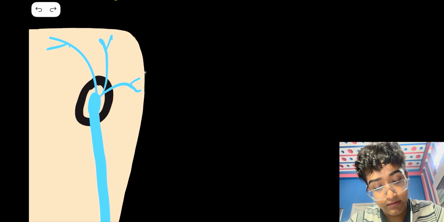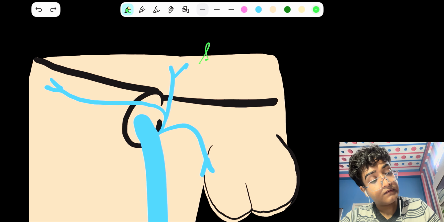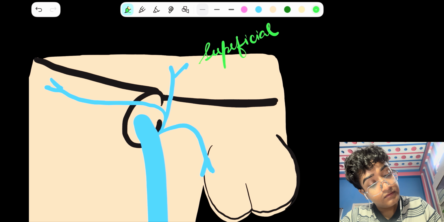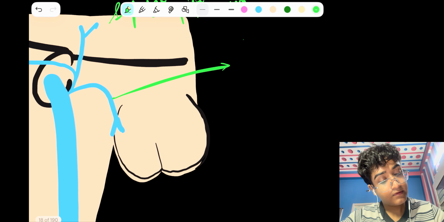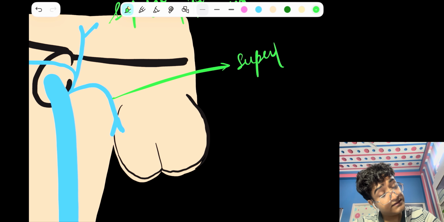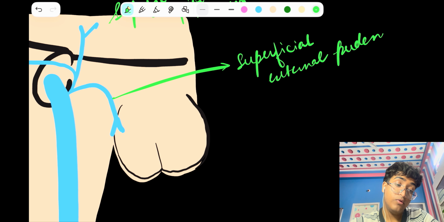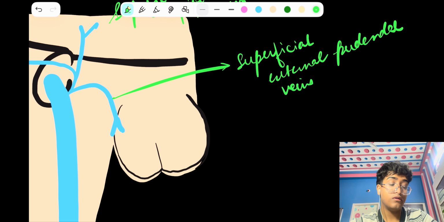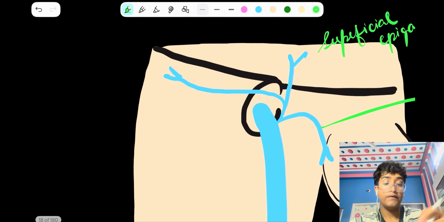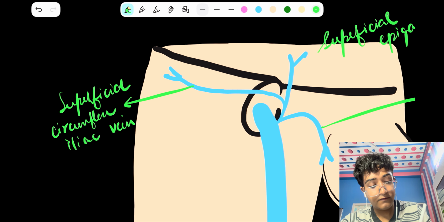These tributaries are the superficial epigastric vein, superficial external pudendal vein, and the superficial circumflex iliac vein.